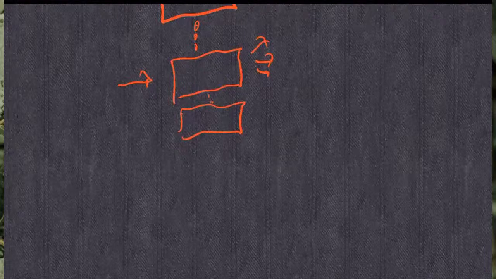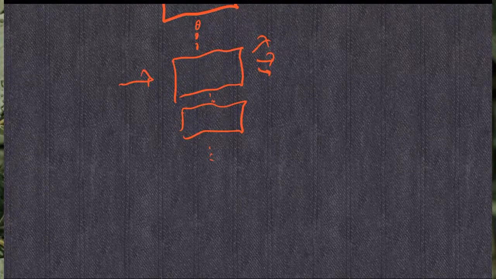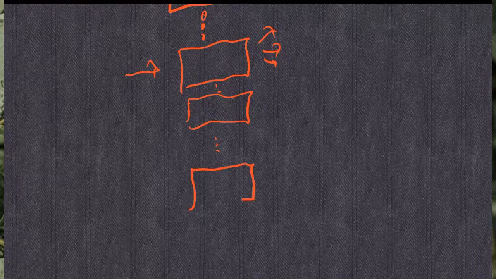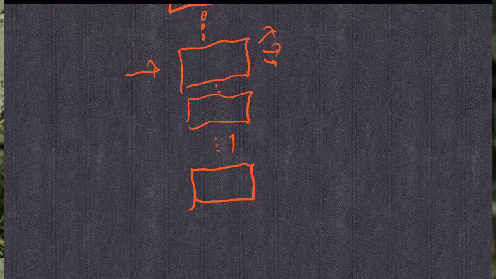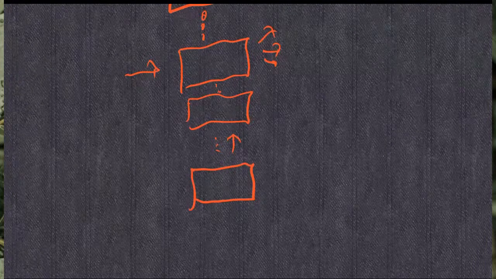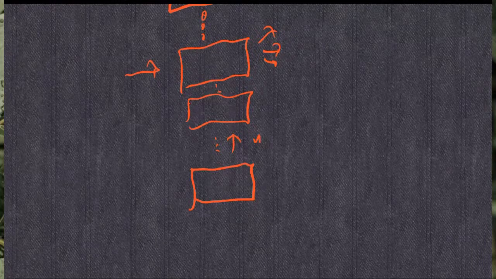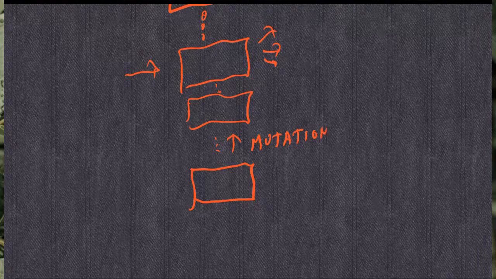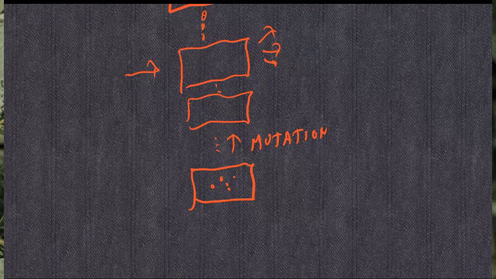So now we go down in time quite a ways, and suppose that this black box is very, very slightly different from this black box up here. So we have a mutation, basically. Now we have a different kind of information inside of this box, slightly different than the one above it.